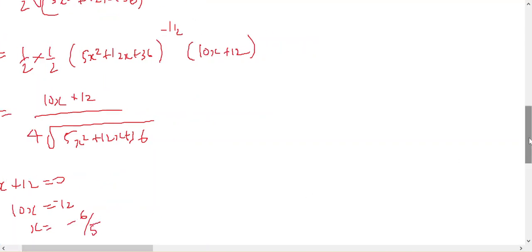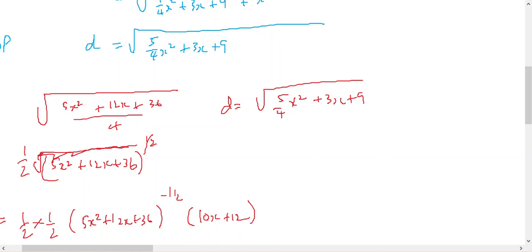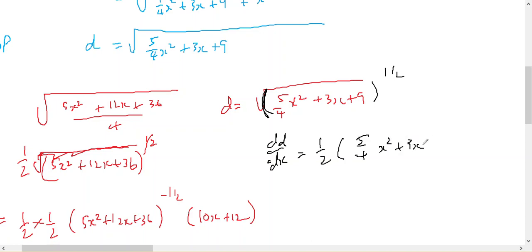If I was to choose this one, then I would do the same thing. dD/dx is going to equal, I have something to the power of a half. It's going to be a half times that something to a negative a half.